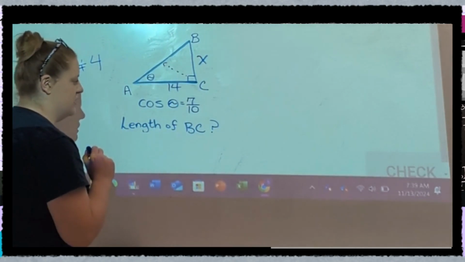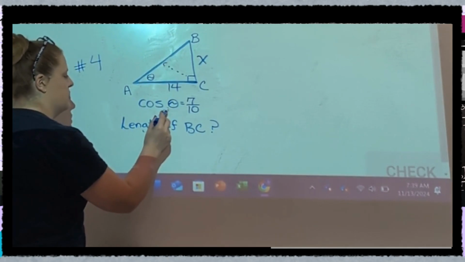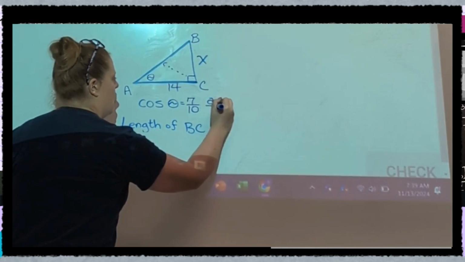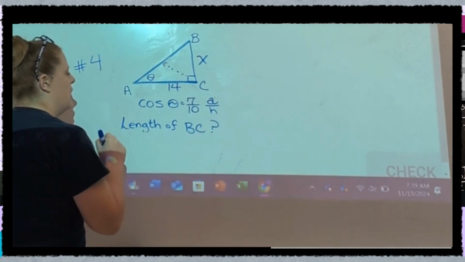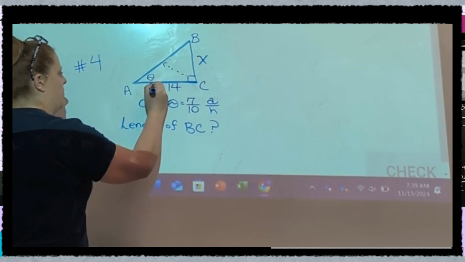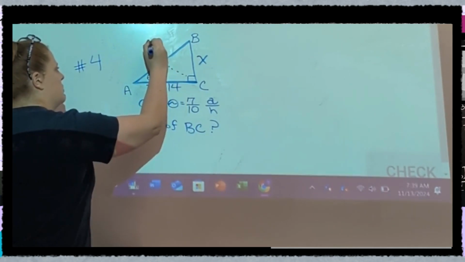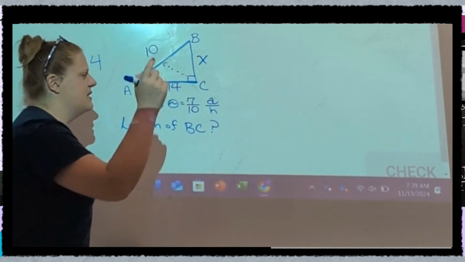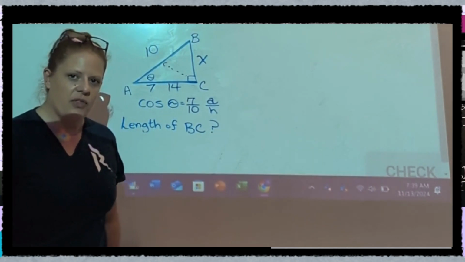Cosine of 7/10. Remember, cosine is adjacent over hypotenuse. So they're telling us the adjacent is going to be a 7, the hypotenuse 10. But wait, they already said that's 14.